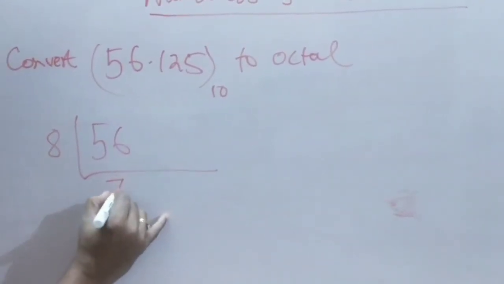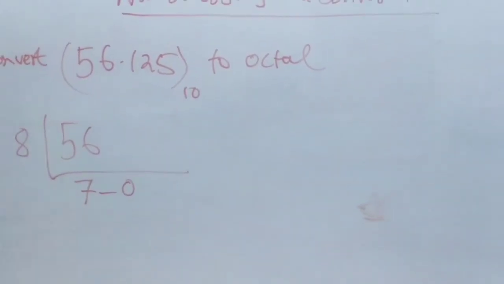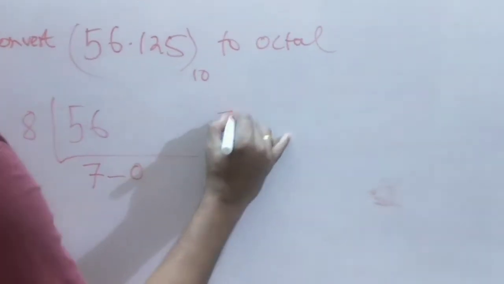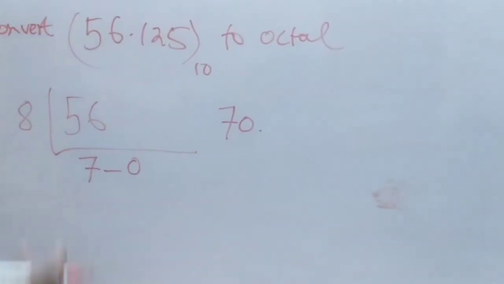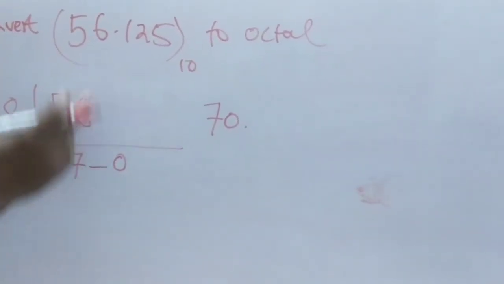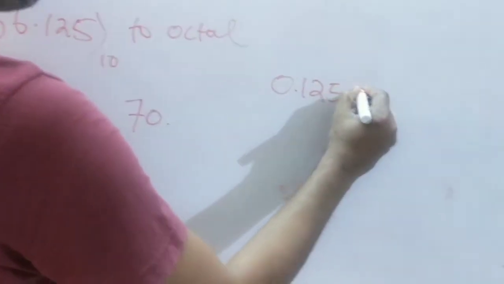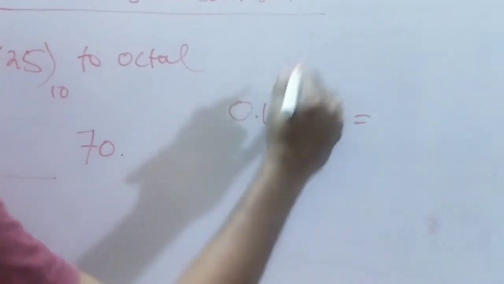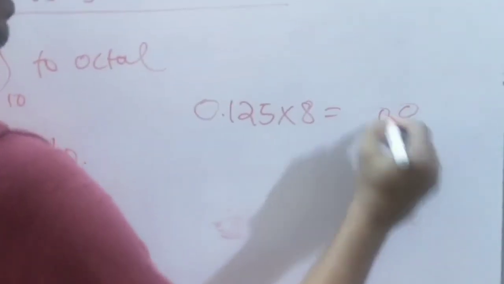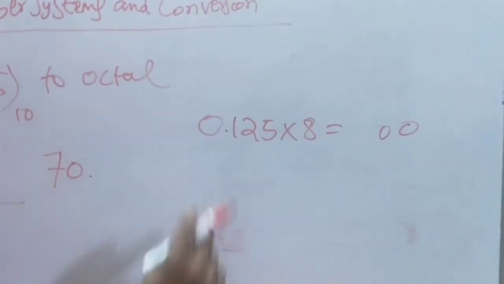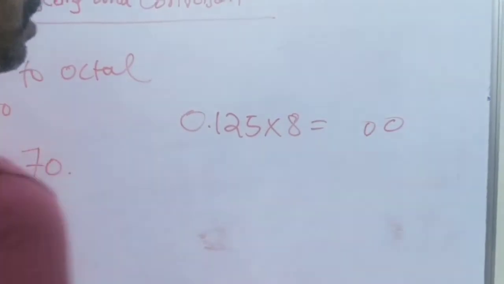7 8s are 56, so the remainder is 0. So that's it, 70 is the integer part. Now we need to find the fractional part, that is 0.125. 0.125 into 8, what is the value? 5 8s are 40, 2 8s are 16 plus 4 is 20, 1 8 is 8.